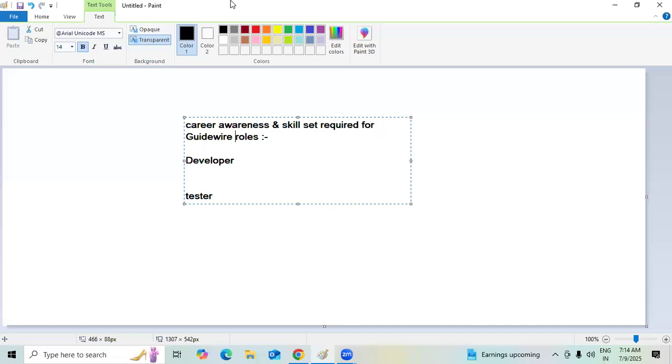Transformation means they are using some old legacy policy, billing or claims applications, old traditional legacy applications. Now they are in a stage of planning to migrate from old legacy systems to the new Guidewire, because Guidewire has an advantage: it is a cloud application, a cloud environment, which doesn't need any physical infrastructure to be maintained.